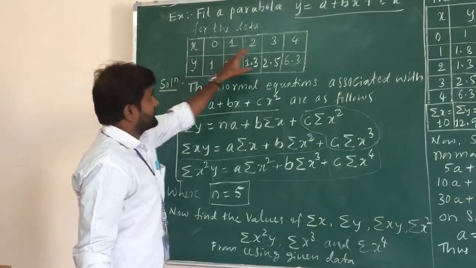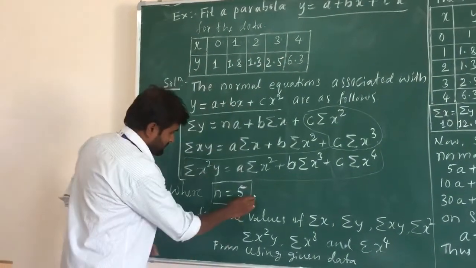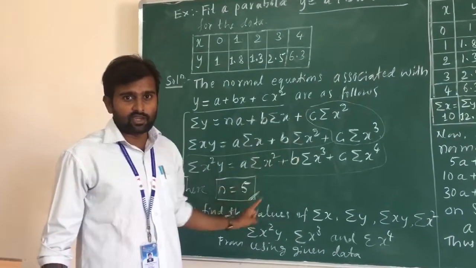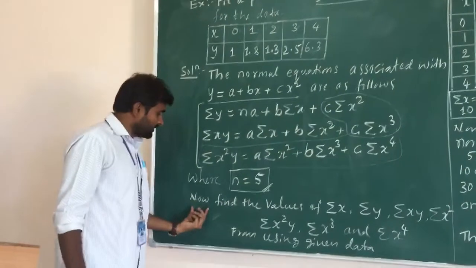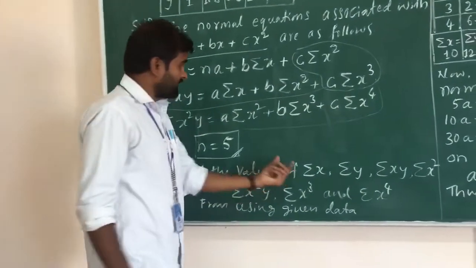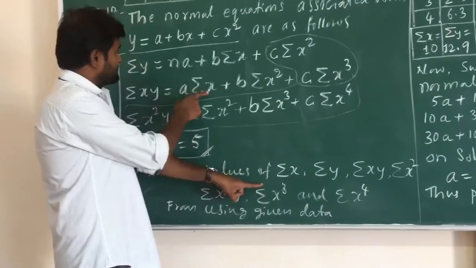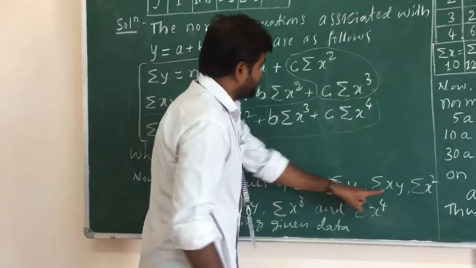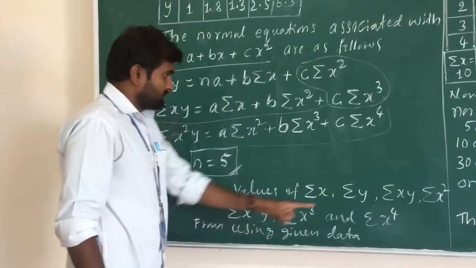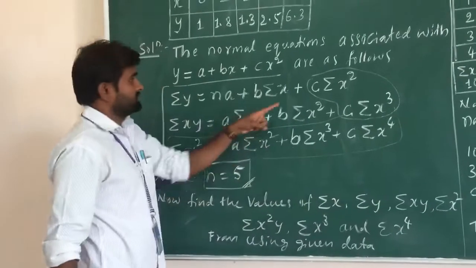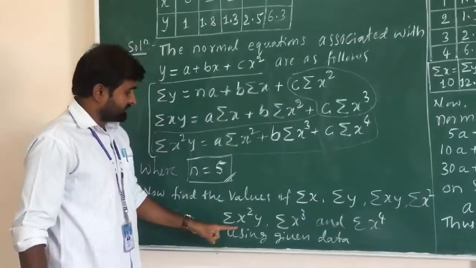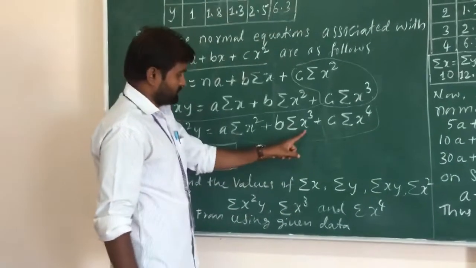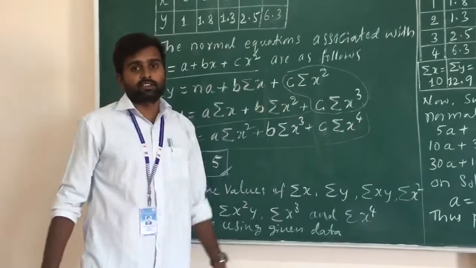Now the number of data is 5, so I am taking n is 5. Total number of data is 5, so n is 5. Now find the values of sum of x, sum of y, then sum of x into y, then sum of x square, then sum of x square into y, sum of x cube and sum of x raised to 4.